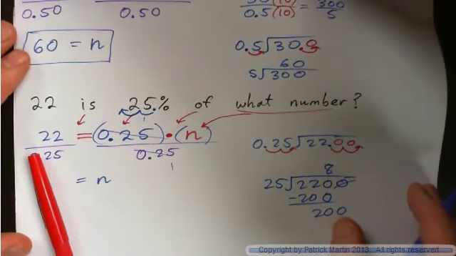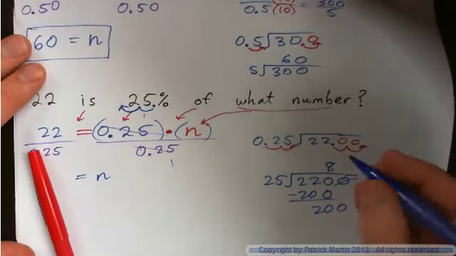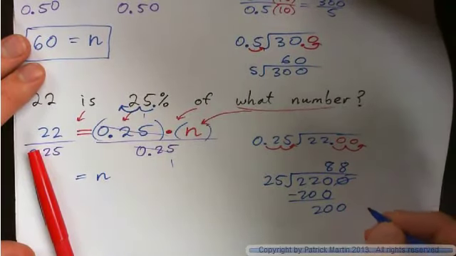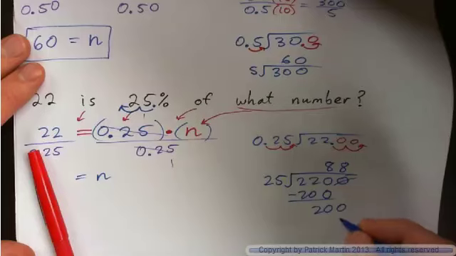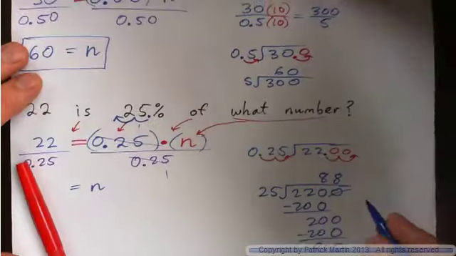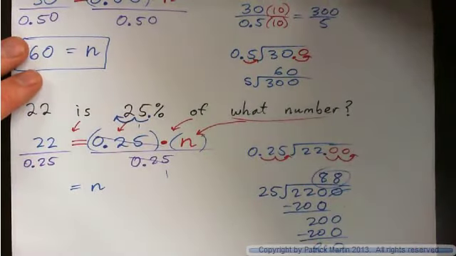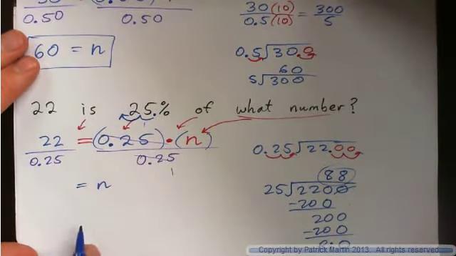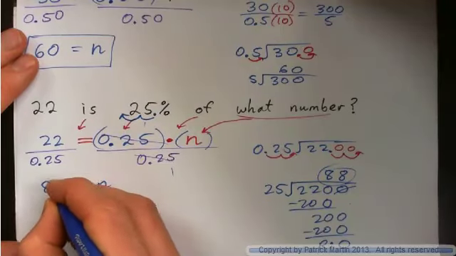25 into 200. I think that might be 8 times. What do you think? 8 times 5, 40, carry the 4. 8 times 2, 16, and 4 is 20. Subtract, and I get 0. So the remainder is 0. The answer then is just 88. So 22 over 0.25 is in fact 88.